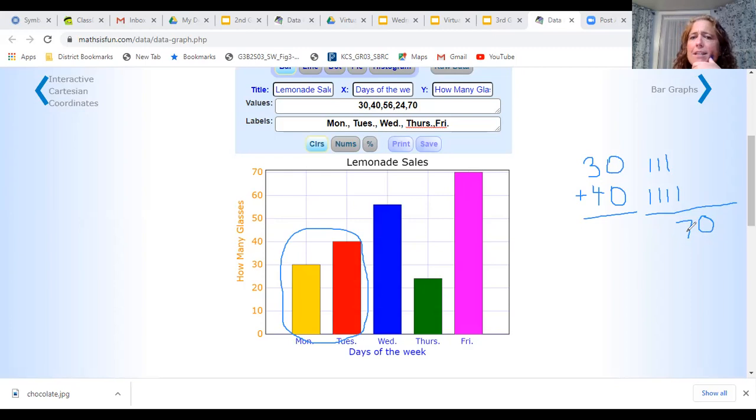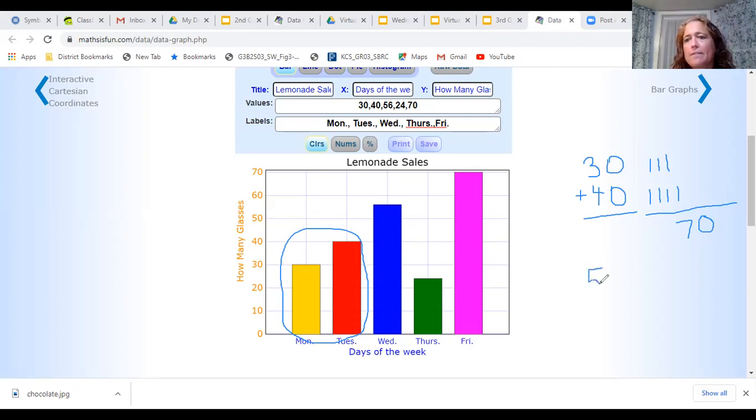Well, is 70, let's look at this one. What did we say? We said that this was 56, right? So the computer took it a little bit past 55. 55 is right between 50 and 60. So it took it a little bit past 55 because the number was 56.